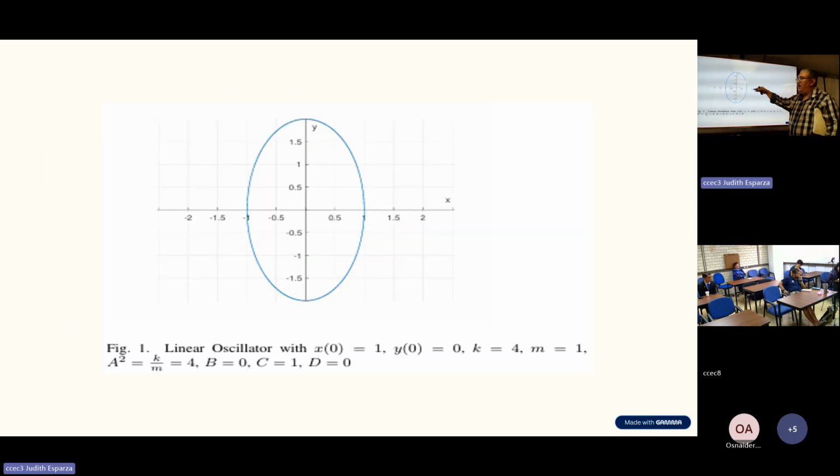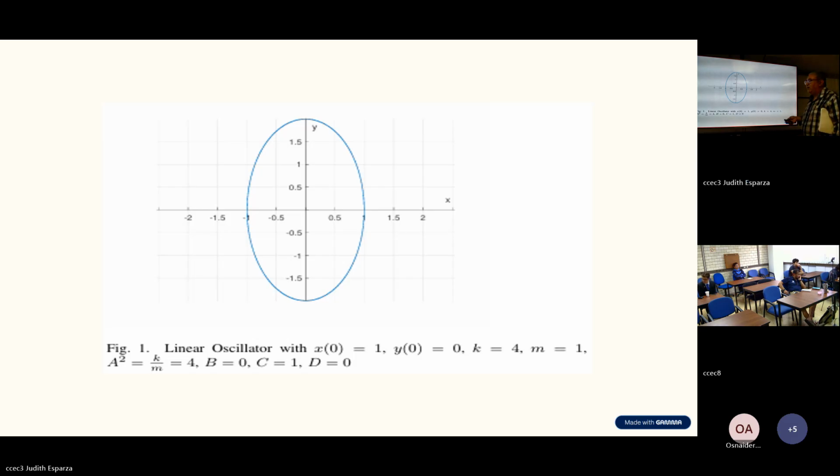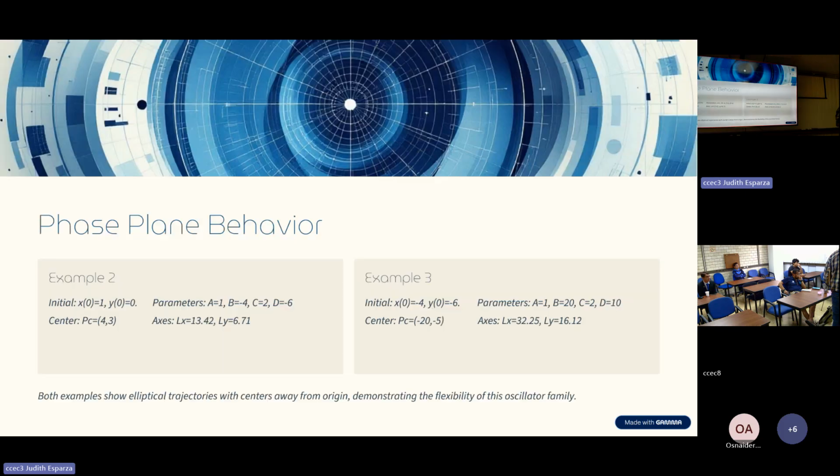Here we have the figure of the solution curve in the phase plane. This is a typical trajectory of a linear system.